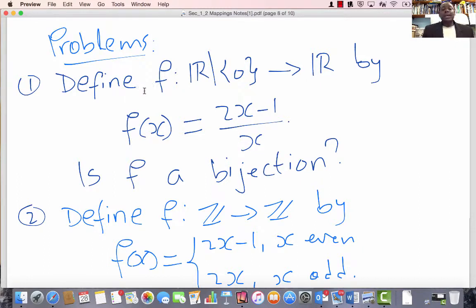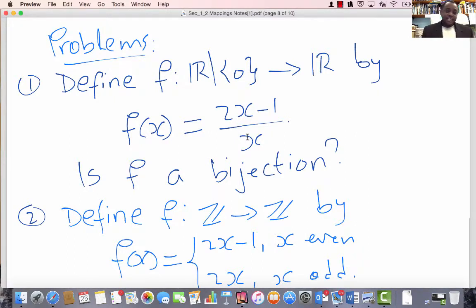Define the function f such that the domain is the set of real numbers except the point 0, and the codomain is the set of real numbers, by f of x equals (2x minus 1) divided by x. Observe that this function is well defined because 0 has been excluded, so the fear of dividing by 0 is not there.